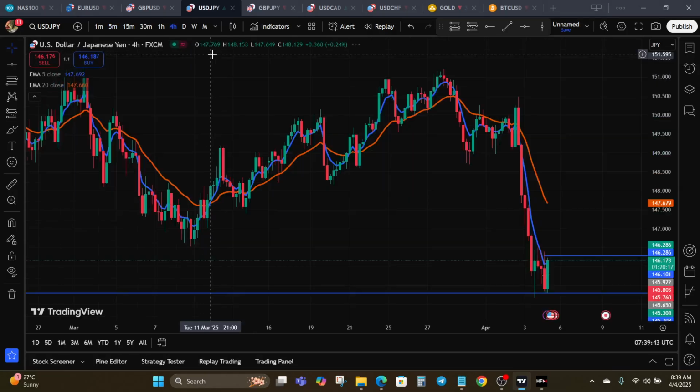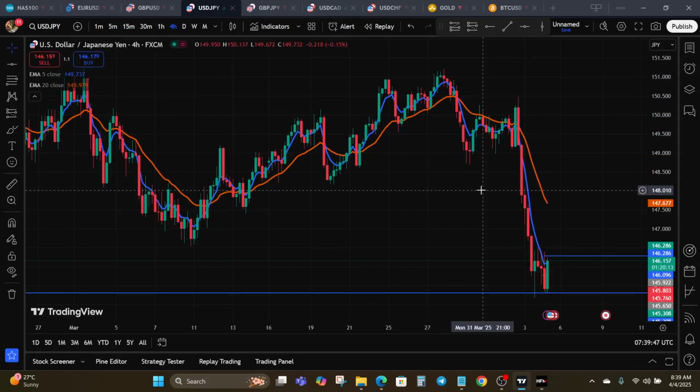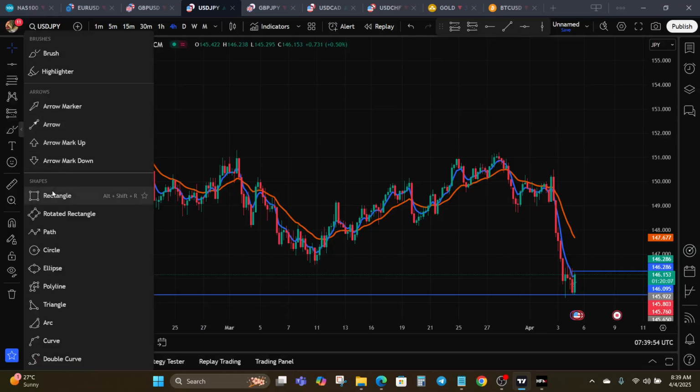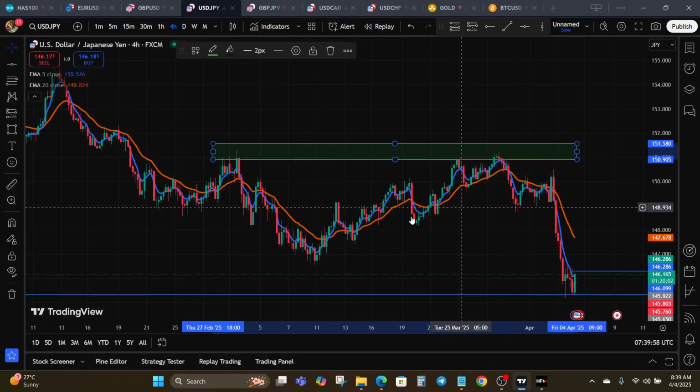We're going to be using the 4-hour or the daily time frames. And then we're going to be paying attention to key supply and demand zones.